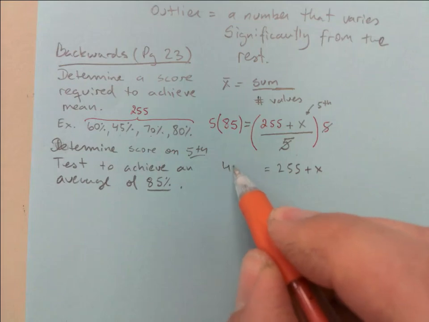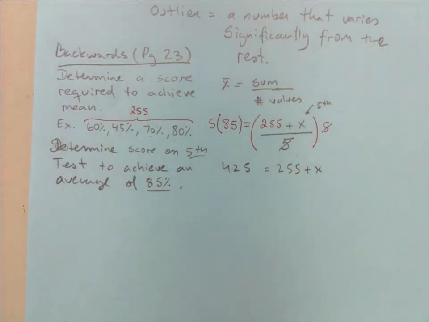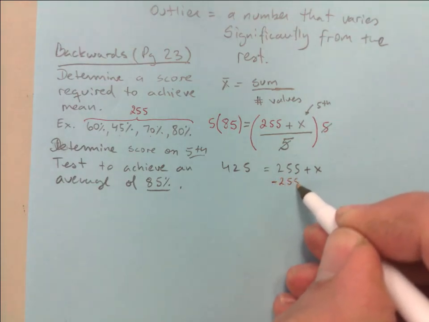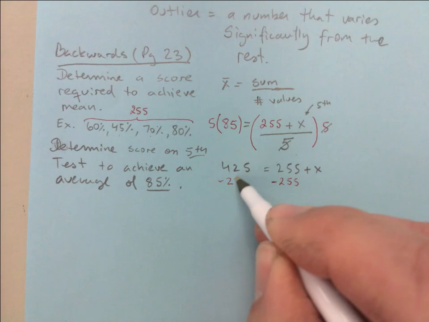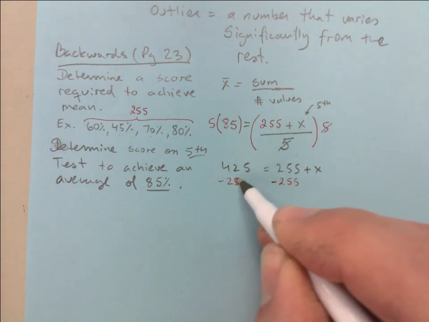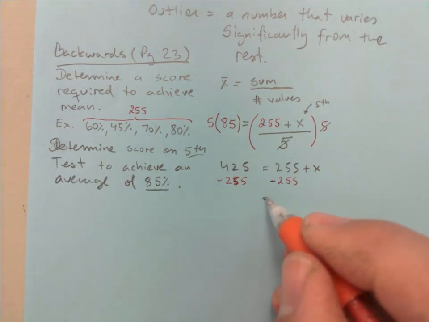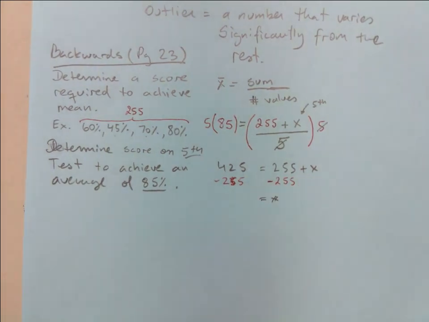Yeah, 425. And what is the last step? Subtract 255 because it's adding to x, right? And so x is equal to 425 minus 255. $170.